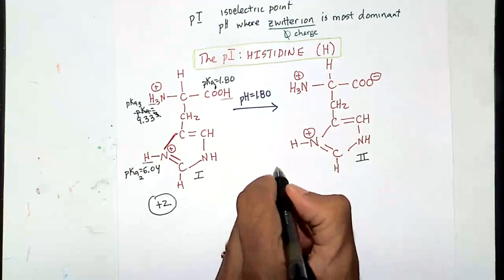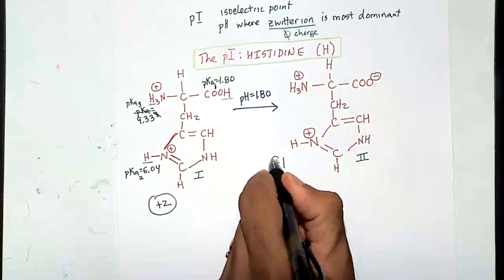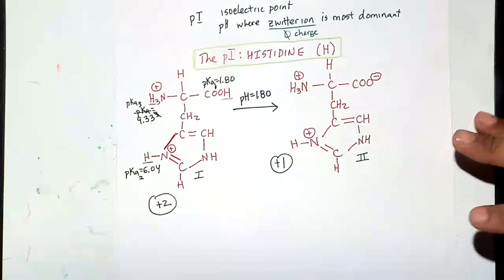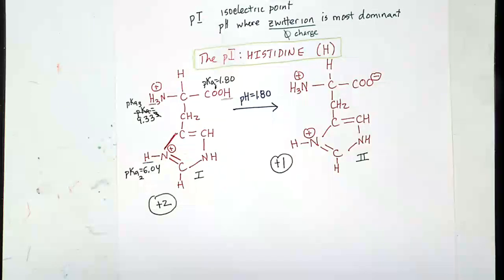Okay. So we have two forms of histidine now once we get to 1.80. At pH 1.80, how much of form 1 and how much of form 2 do we have? 50-50. All right, now we're past 1.80.